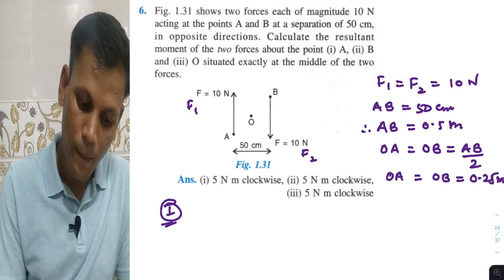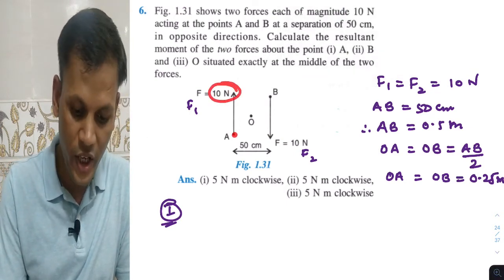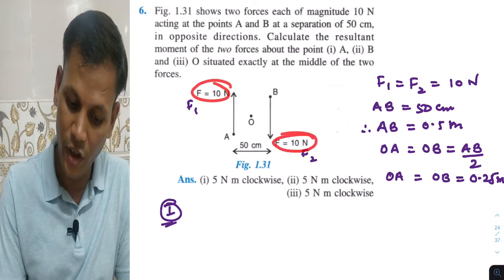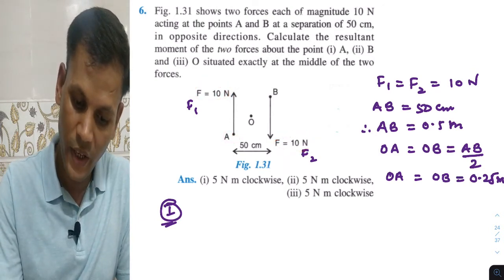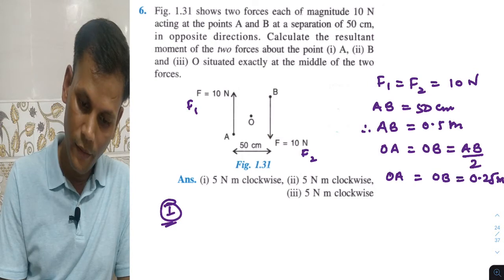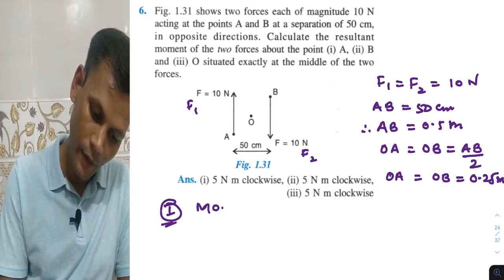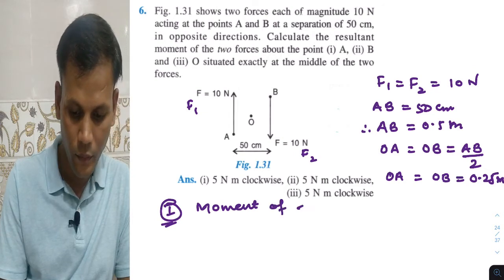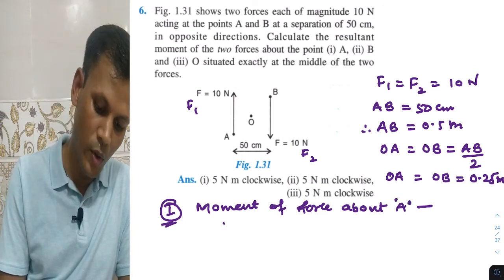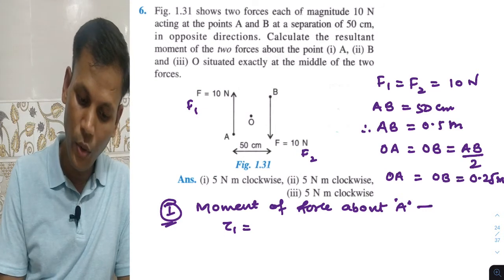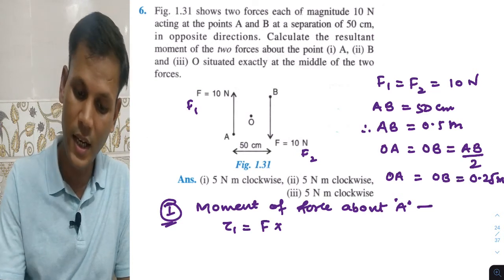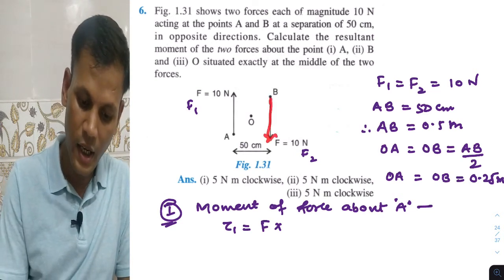One force is about point A, of course 10, but the distance from A to A will be 0, so we can't take this force for the moment about point A. Moment of force about A, that will be tau 1 is equal to F into AB, because another force is in this direction and one is this.